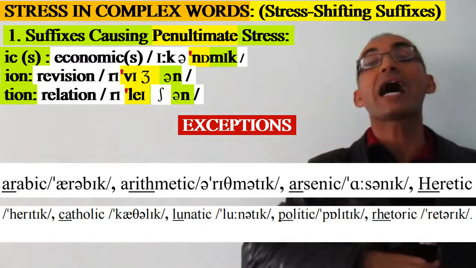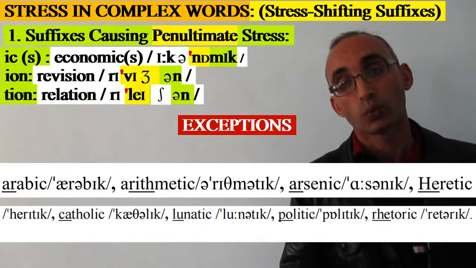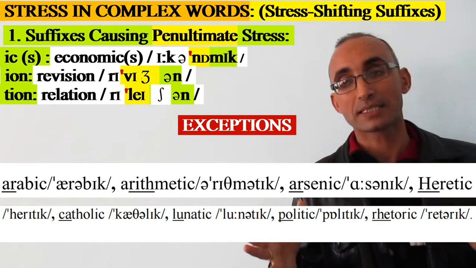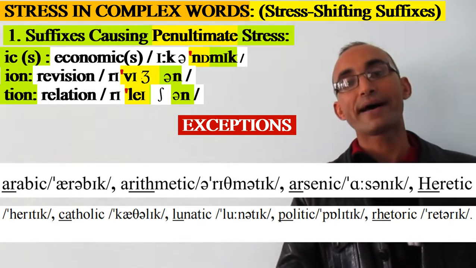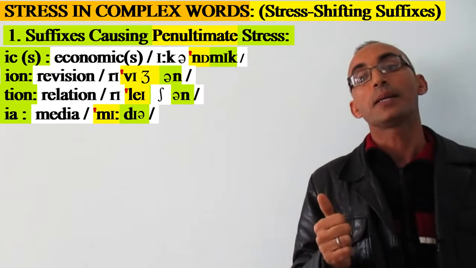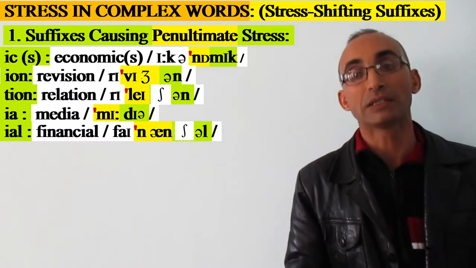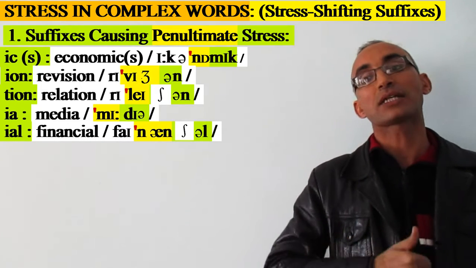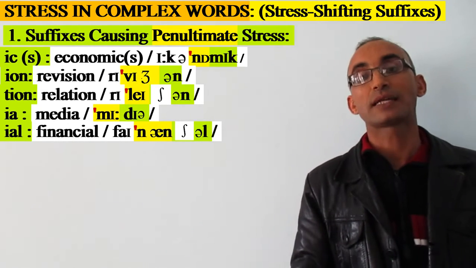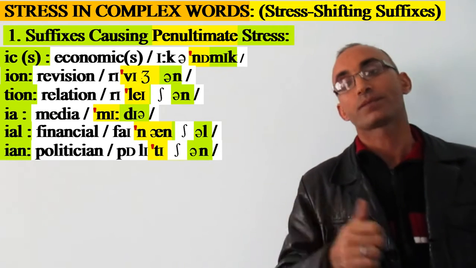Among the other common suffixes which cause penultimate stress, we have ia, like in media, where we stress me before dia. Ial, like in financial, where we stress the syllable nan before the suffix.